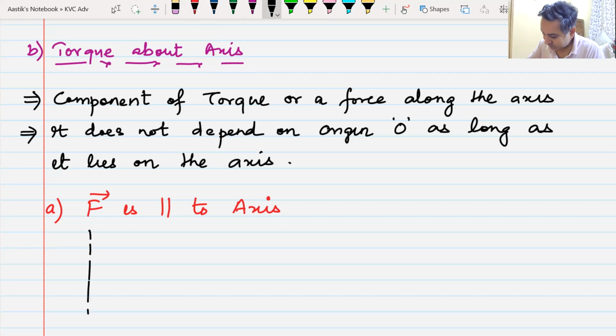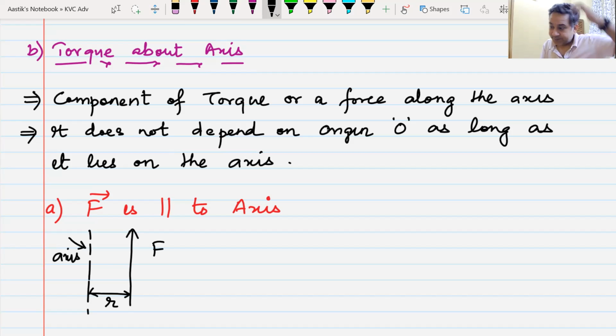This is the axis, and this is your force going up or down. What will be the torque of this force about this axis? R cross F, sir. It is 0, sir. R into F. Torque of this force is 0.